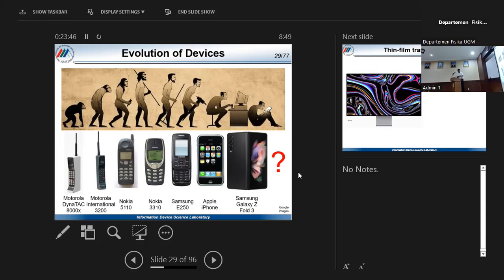We don't know yet. But if you look at the evolution of the mobile phone, you can see that one distinct part of the phone became very large, which is the display. This is because we don't really use the display only to view information. We also use the display to interact with our device, right?